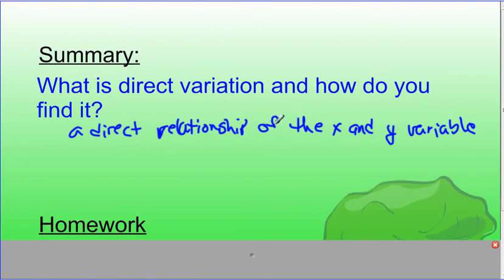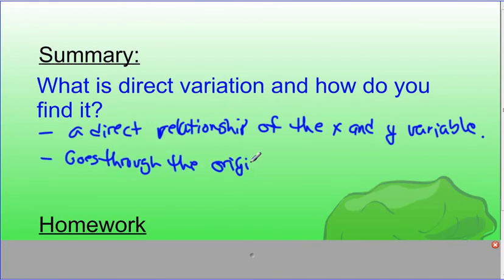Now, more than likely stuff you folks put would be direct variation goes through the origin. So direct variation goes through the origin. And the constant of variation is the slope.